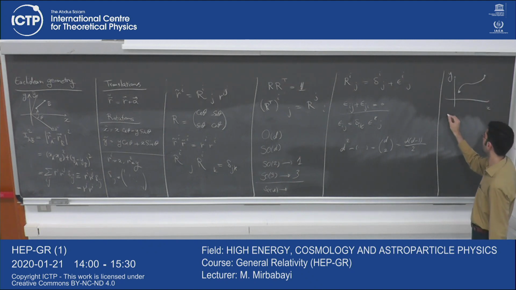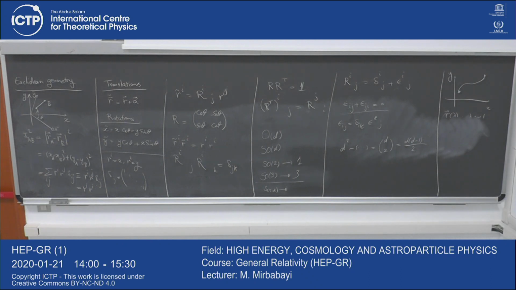For instance, some r of lambda, where lambda goes from 0 to 1. That will be a curve. And one can ask about the length of this curve. So let's call this curve C. One can ask about the Euclidean length of this curve C.